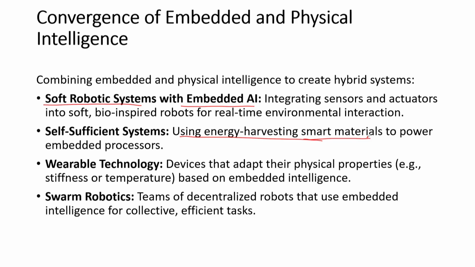Then the third one is the wearable technology, which is coming up very rapidly. Devices that can adapt their physical properties like stiffness, like temperature, based on embedded intelligence and physical intelligence. We are today talking about, for example, jackets.